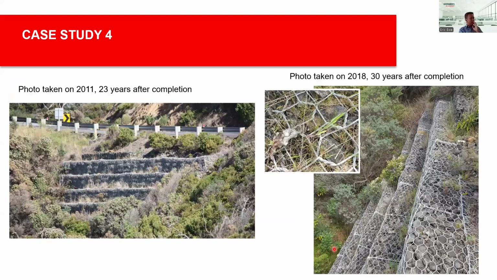But I think the highlight for this is the completion after 23 years, photos taken 30 years after completion, there is no single sign of corrosion in the very aggressive and severe atmospheric exposure environment for Great Ocean Road, using the double twist mesh gabion with the proper coating, obviously.